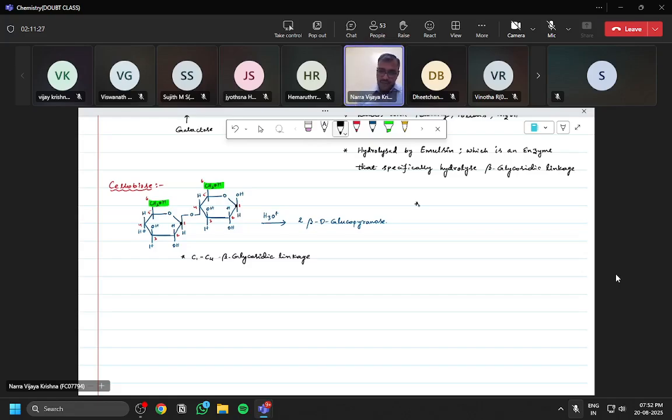Right? As C1 is free, it shows mutarotation, reducing sugar. As it is a reducing sugar, it reacts with Tollens, Fehling's, Benedict's.